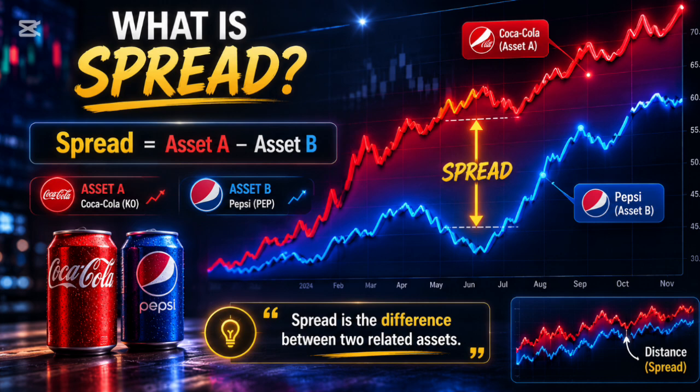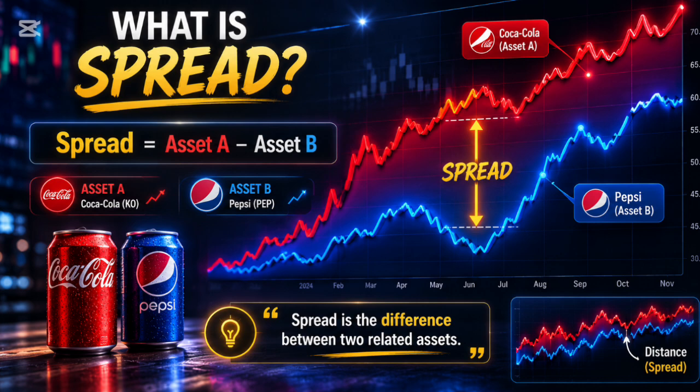Let's look at the formula on the screen. Spread is equal to asset A minus asset B. The assets could be forex pairs, crypto pairs, or commodities. The difference between asset A and asset B is what is called spread.